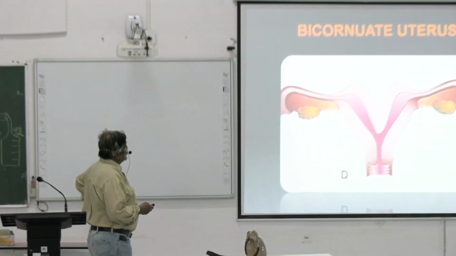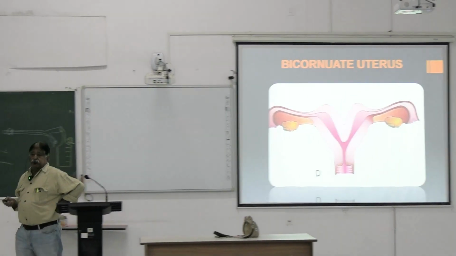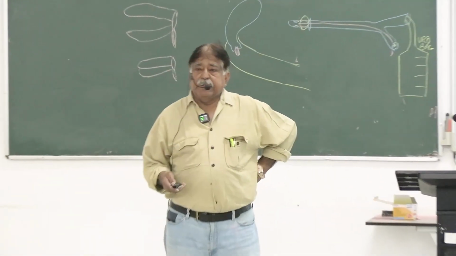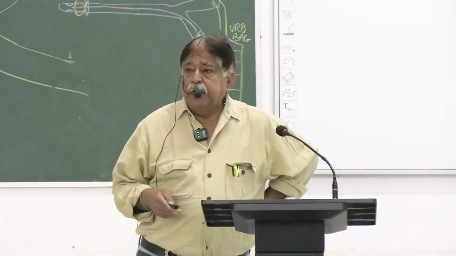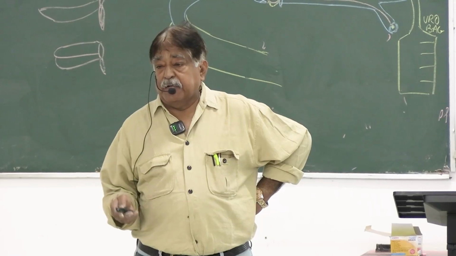Now bicornuate uterus, double uterus, this can be diagnosed with your USG, but if a patient comes with sterility, then you do a USG and do a hysterosalpingography.